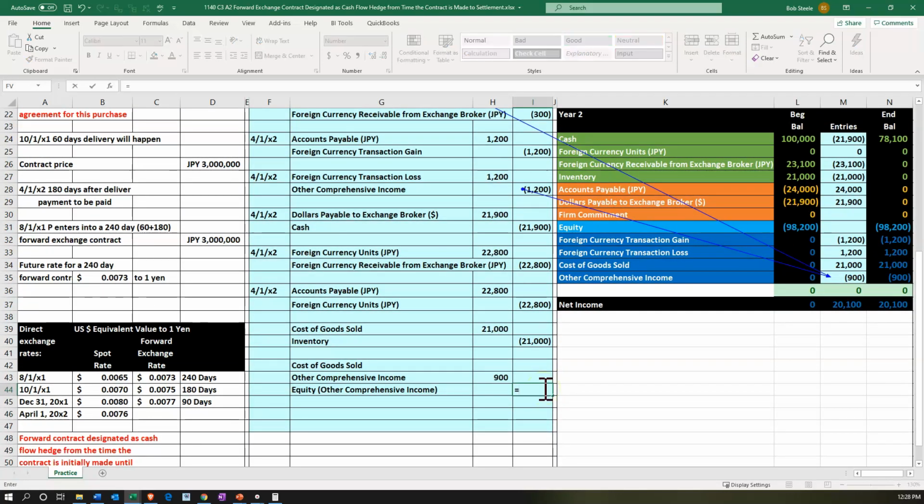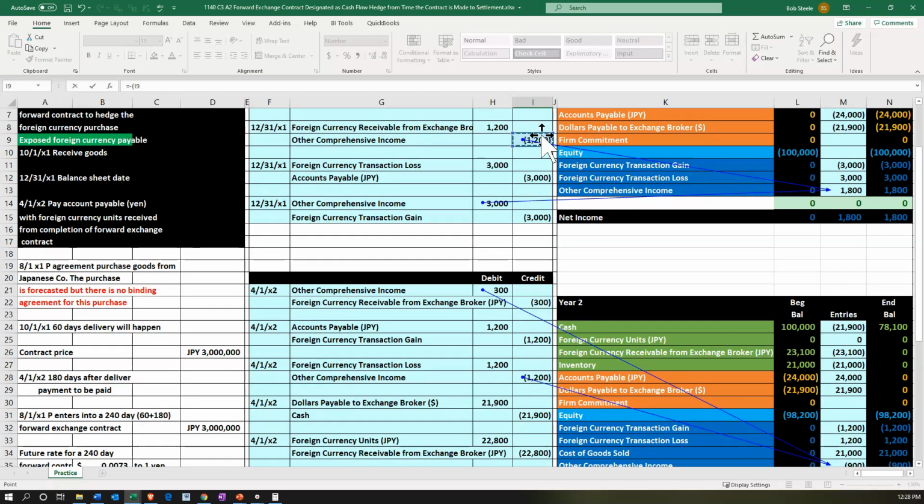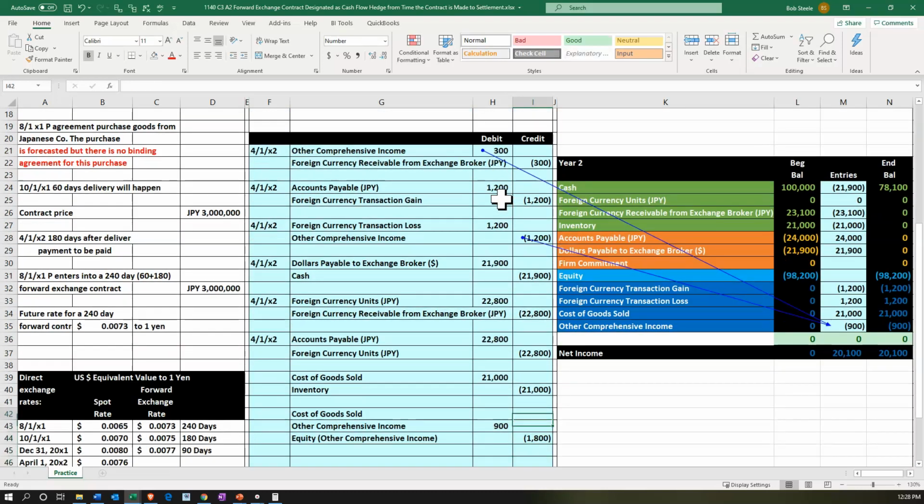This is going to be equal to negative brackets, this number plus this number, which is just going to be that 1,800 credit, right? And so the difference then is going to be affecting the cost of goods sold. Cost of goods sold then is going to be the negative sum plug of this thing, and there's the 900.